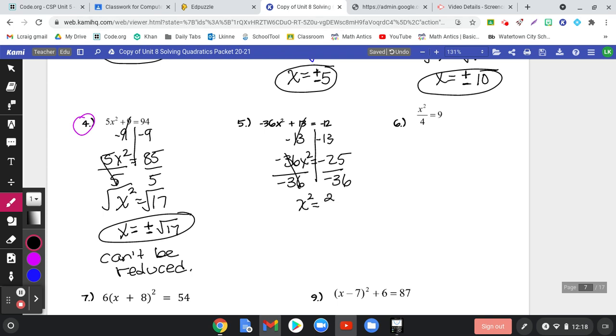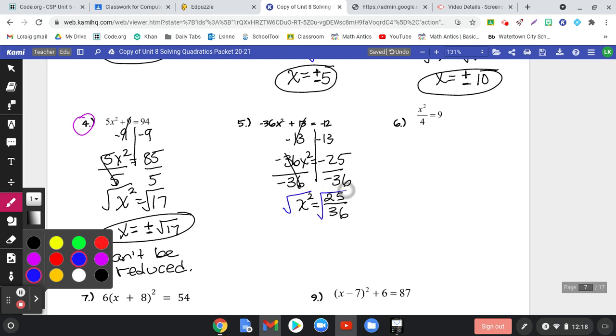They canceled each other out. But we have a fraction. It's okay. If we take the square root of both sides like we did before, you're left with x equals positive or negative. The square root of 25 is 5. The square root of 36 is 6. Positive or negative 5 over 6. That's it.